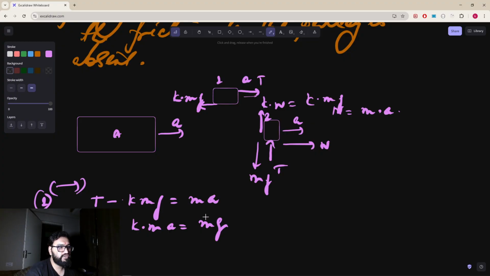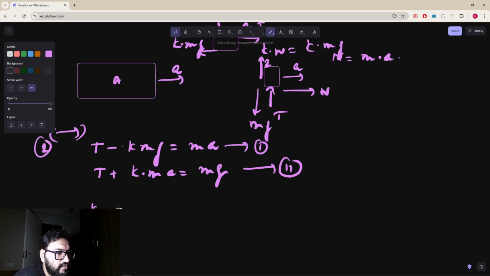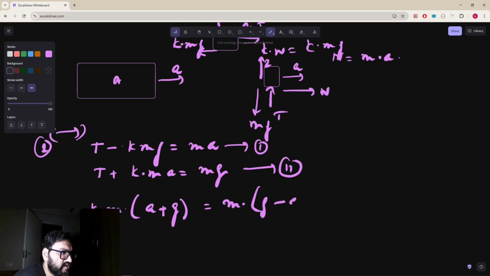So with these two equations I have to find out the value of a. I've got two unknowns and two equations, so I can easily find the value of a. This is my first equation, and this is my second equation. I just need to subtract the first equation from the second equation. So I'll write k times m into g plus a is equal to m times g minus a.